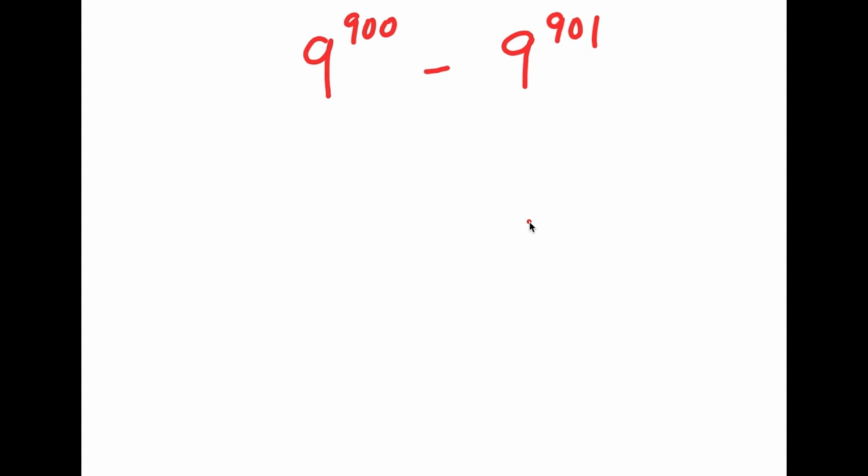Alright, so in this problem I have 9 to the power of 900 minus 9 to the power of 901. So, for my solution, I'm going to first start by rewriting my original problem here.